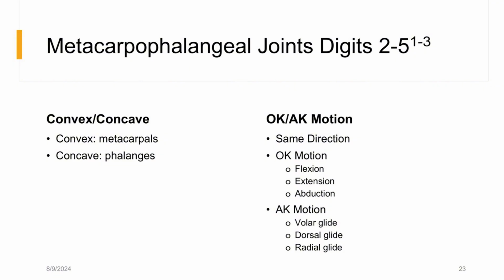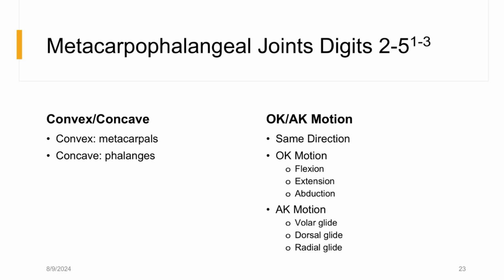Okay, so getting to our metacarpophalangeal joints. Those are digits 2 through 5. With our metacarpophalangeal joints, our proximal interphalangeal joints and our distal interphalangeal joints, all of those are going to be concave surfaces moving on the convex surface.